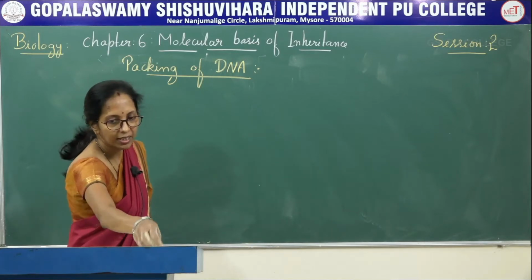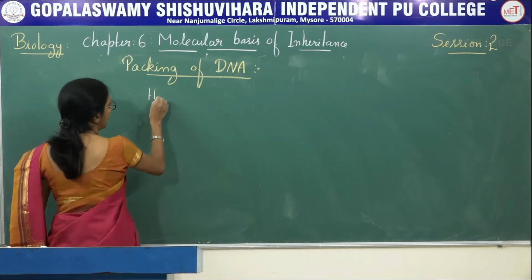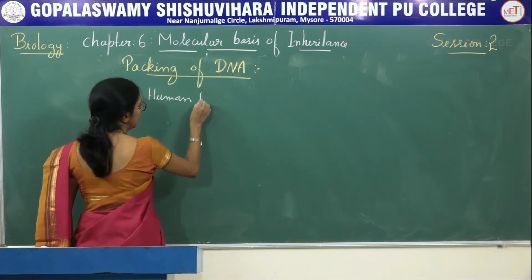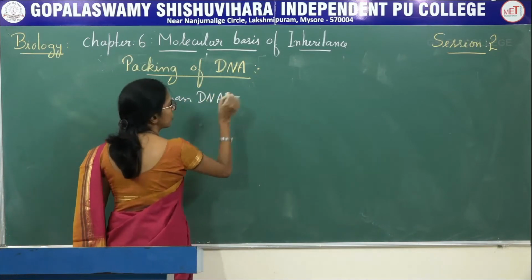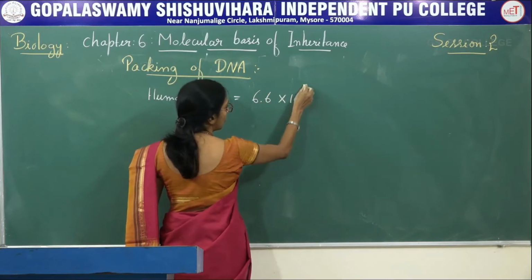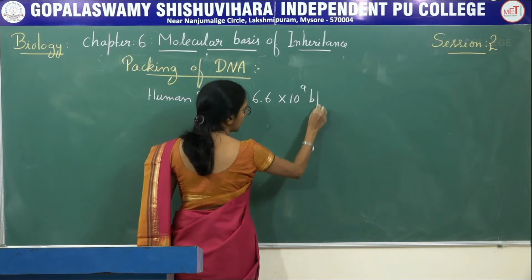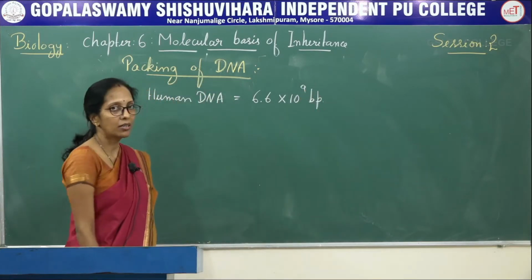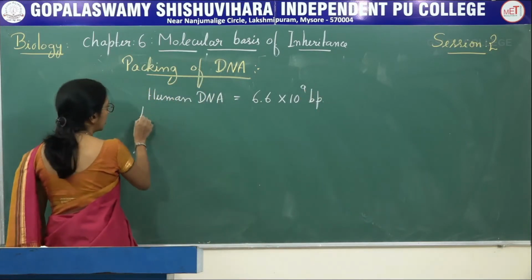Now the human DNA consists of 6.6 into 10 to the power of 9 base pairs. Then how to calculate the length of the DNA?